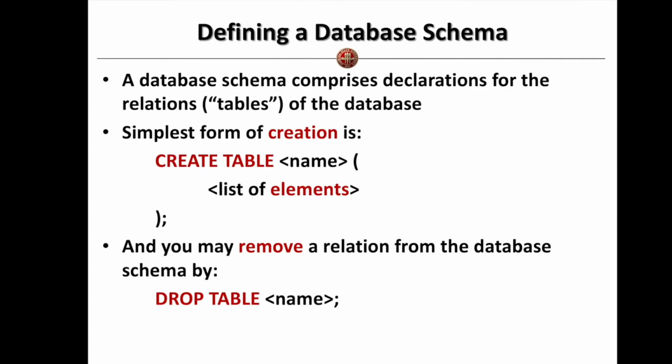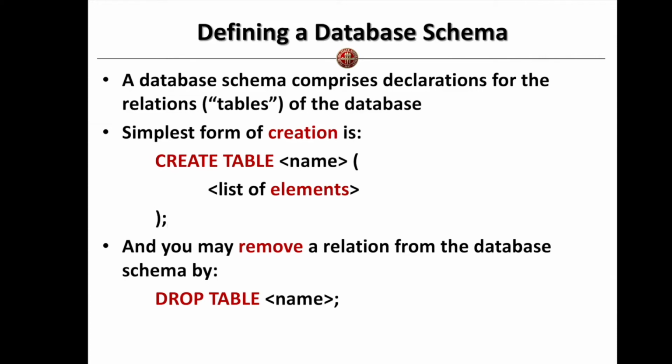As shown here, once we want to declare some relations in our database systems, we can do so by creating tables. Creating a table is equivalent to declaring a relation in the database systems. Here we can see that we can create a table followed by some table name, and then we have parentheses with a list of elements inside it to declare this table, and we have a semicolon at the end of this declaration.